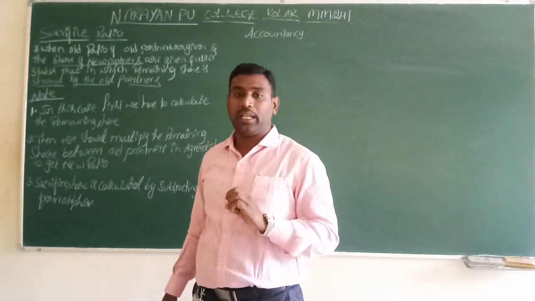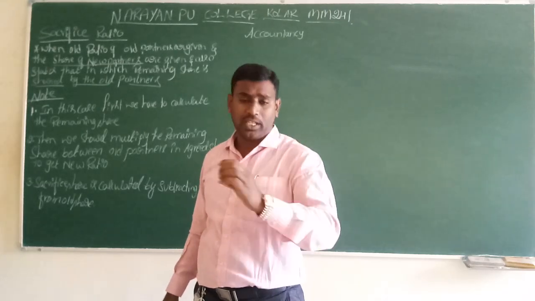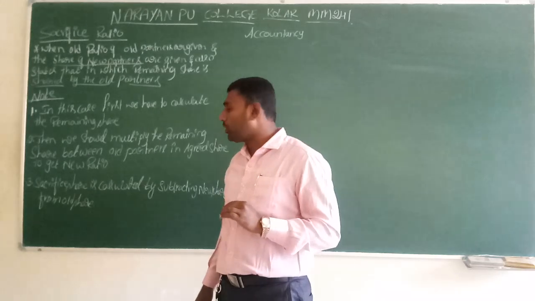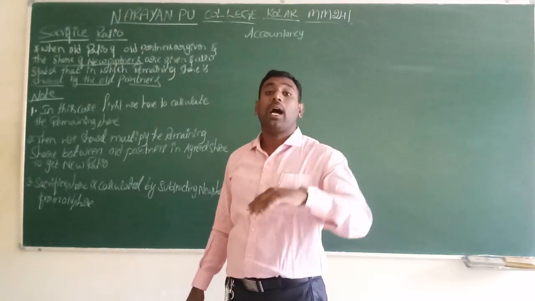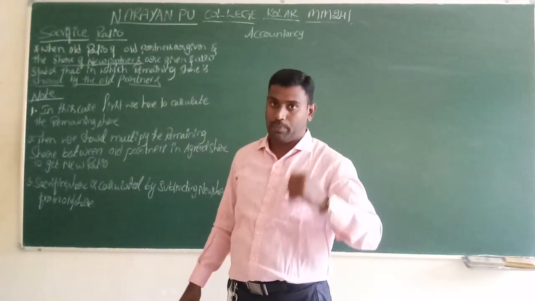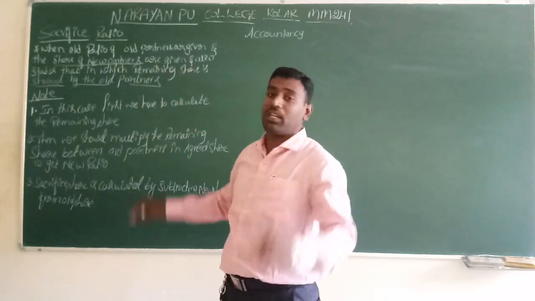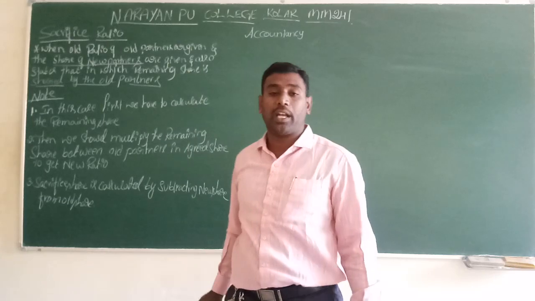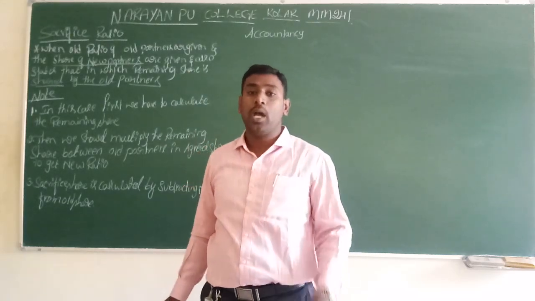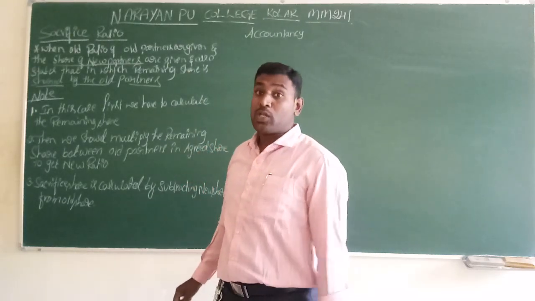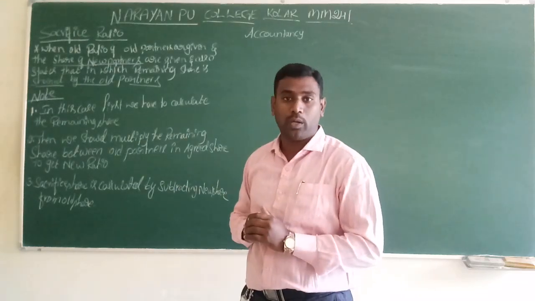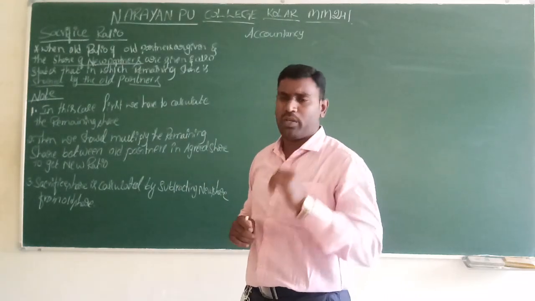Second, the new partner's share is given. And third, the agreed share which is shared between the partners. If these 3 adjustments are given in the question, we can assume that the entire question belongs to case number 3, and we calculate the sacrifice ratio by following 3 steps.